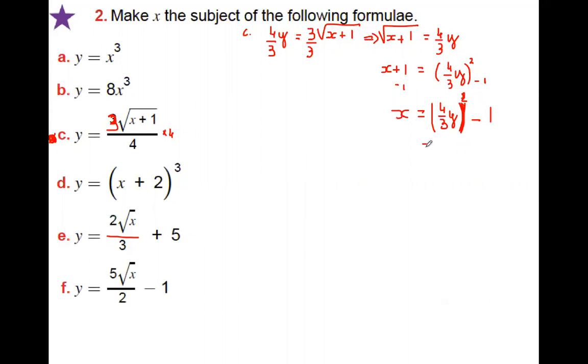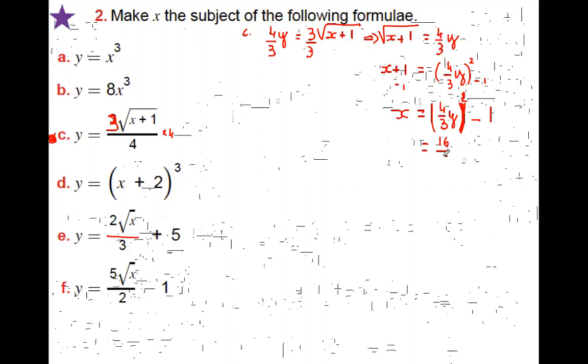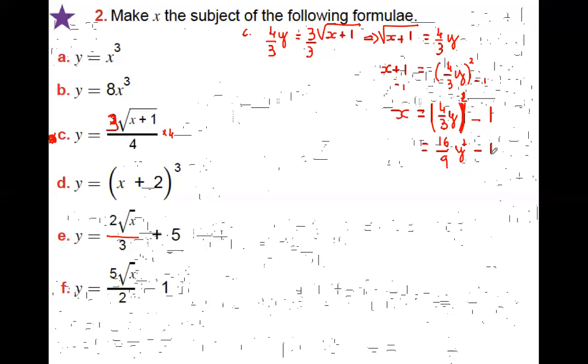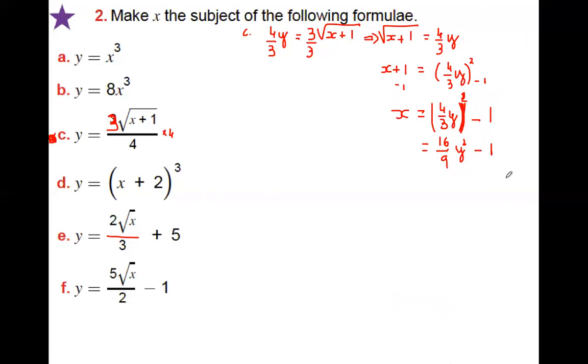And that's why sometimes people will write it as 16 over 9 y square minus 1. You would still get the same mark because that is 4 square and that is 3 square.